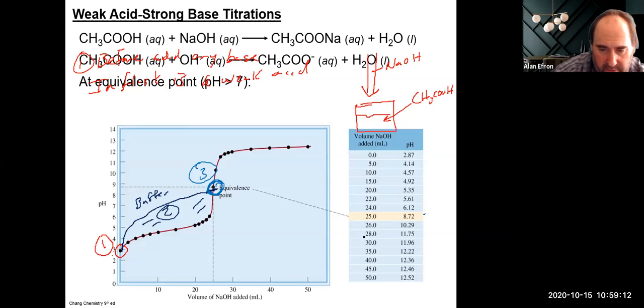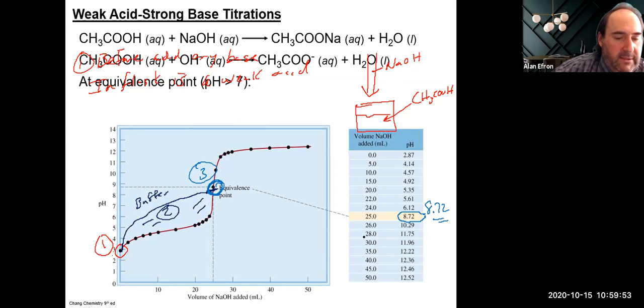We see that when we reach our equivalence point in that titration, something like 8.72, which is basic. This is also why you use something like phenolphthalein for this type of titration. If you've ever done a vinegar and sodium hydroxide titration, because the equivalence point is around 8.7, phenolphthalein works about 8.3, and it starts to show color around there, and that's why they yell at you, hey, just the lightest color pink, because that should put you right around the equivalence point.